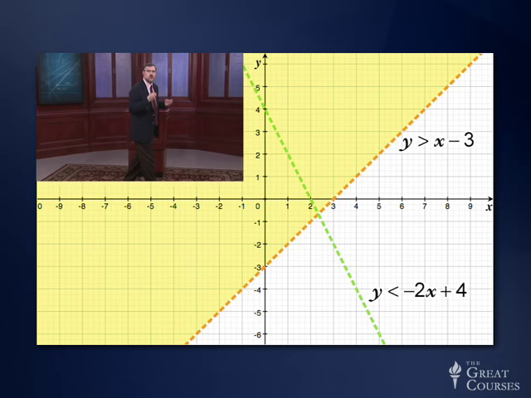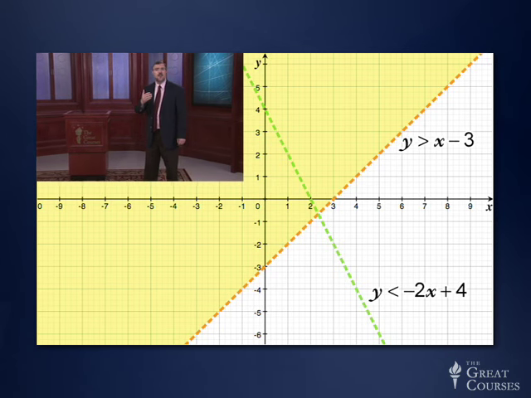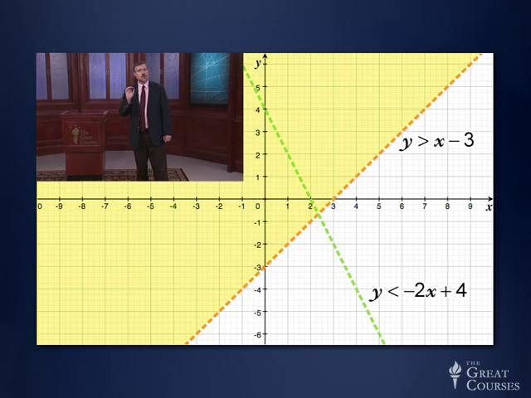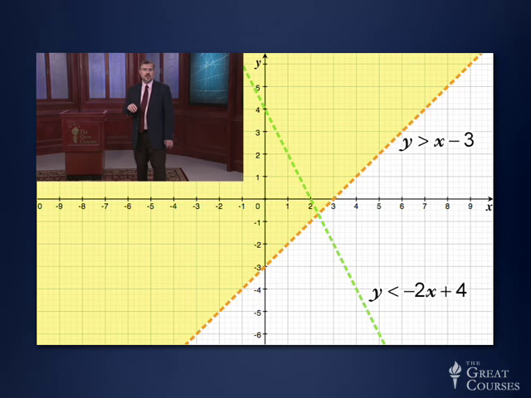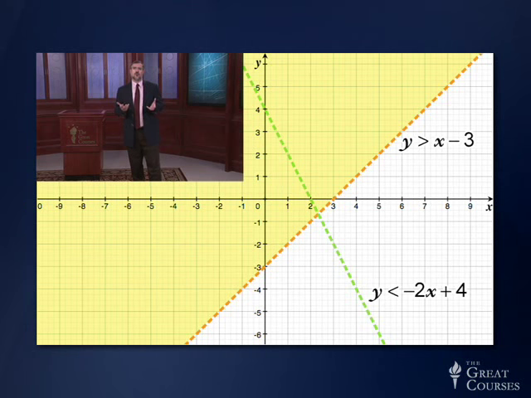Now, you've drawn that second boundary line. You still need to shade in the region of the plane that's being cut through by that line. In other words, you've drawn the second line at y equals negative 2x plus 4. It has now sliced the plane into two pieces. Which of the two pieces corresponds to the solutions of y is less than negative 2x plus 4?